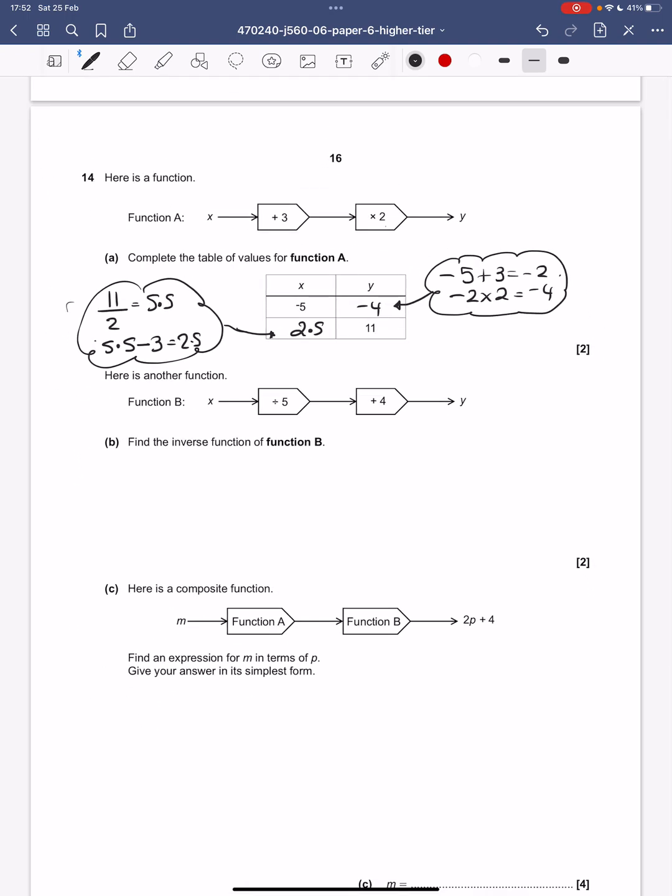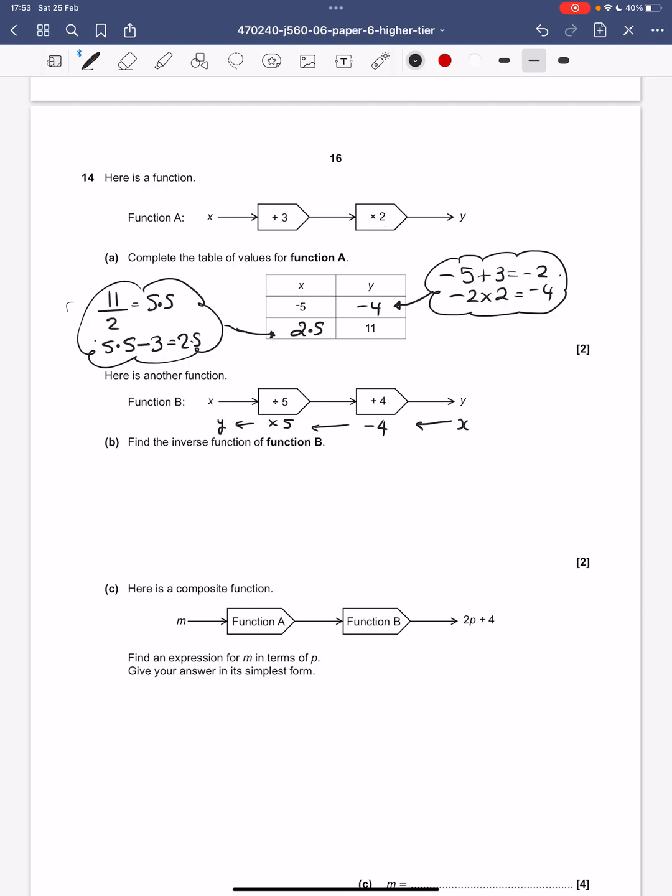Here's another function. Divide by 5, add 4. Find the inverse function. Right, when you do the inverse function, you've got to start at this side. You've got to take away 4. And then that says divide by 5, so we've got to times by 5. So it's the inverse function, and we go in the reverse order. With a function, we start with the x, and out will come the y.